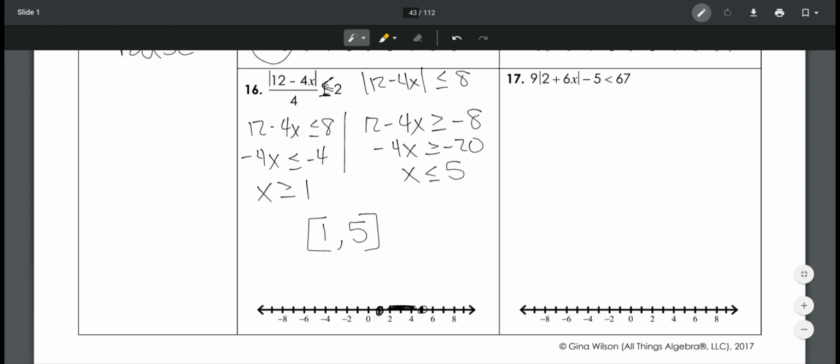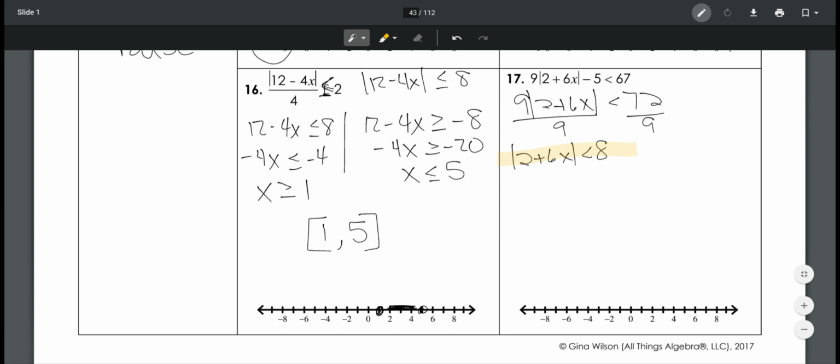Number 17, we have a couple of things that we have to move. So before I decide whether this is an intersection or union, I have to get the absolute value isolated. So I'm going to add 5 first. I'm going to divide everything by 9. So that is 2 plus 6x less than 8. At this point, that is when I decide, do I have an intersection or a union?